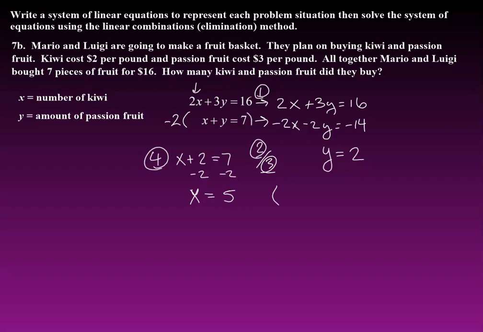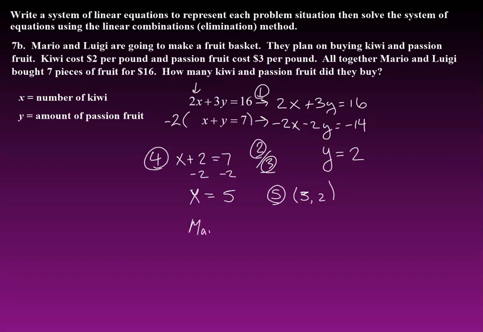And so our step 5, our ordered pair, is going to be 5, 2. But there's more to this problem because it's asking a question. It says how many kiwi and how many passion fruit did they buy?